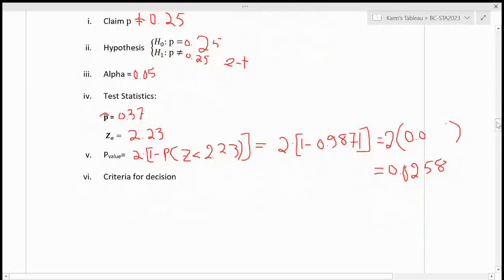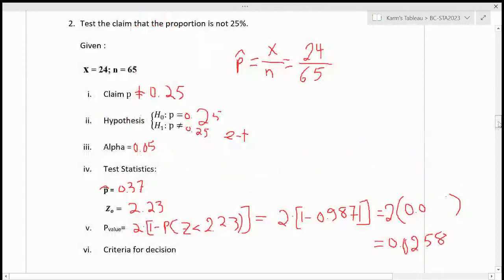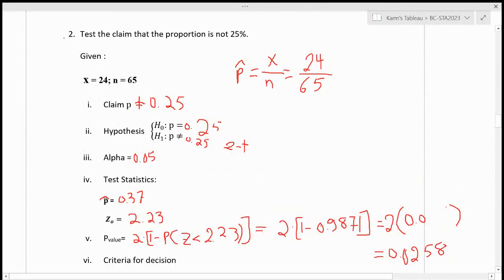Okay, now we got the p-value. How did we get p is equal to 0.25? As you can see right here, it is based on the problem that was given to you. See right here? Did I answer your question, Mariska? Okay.